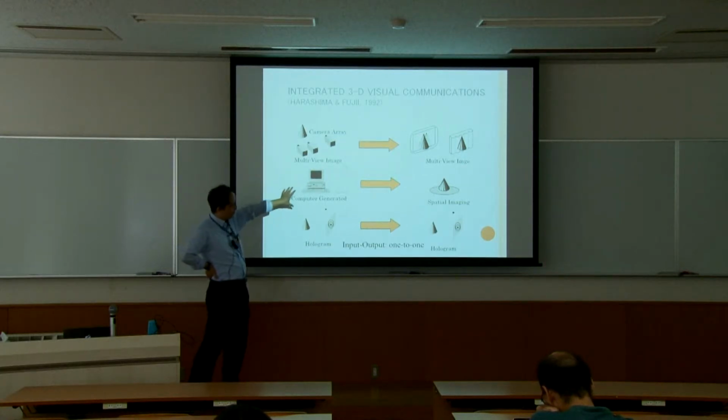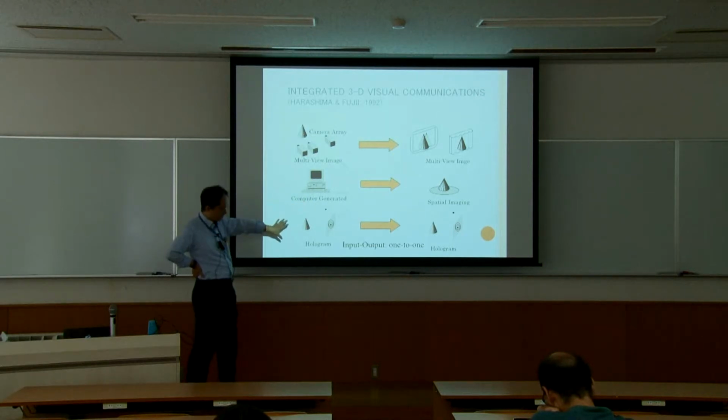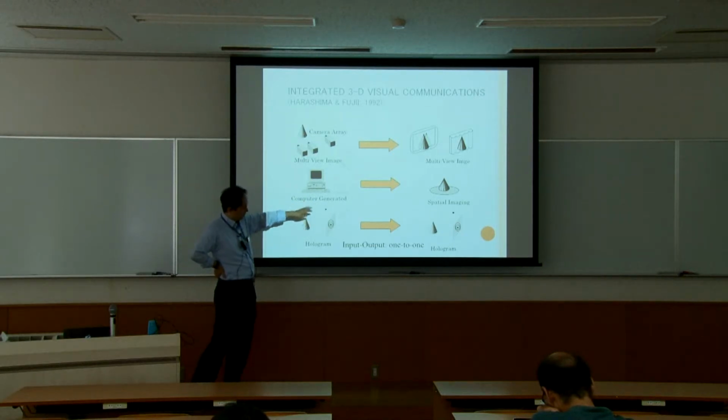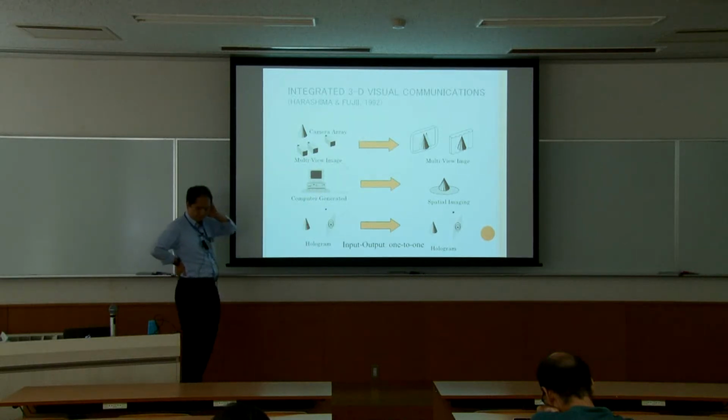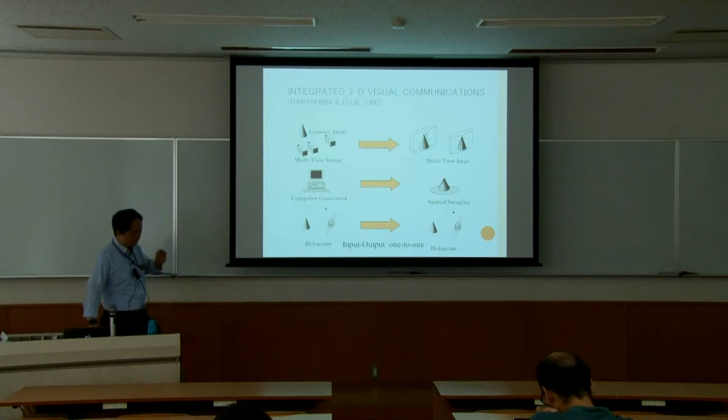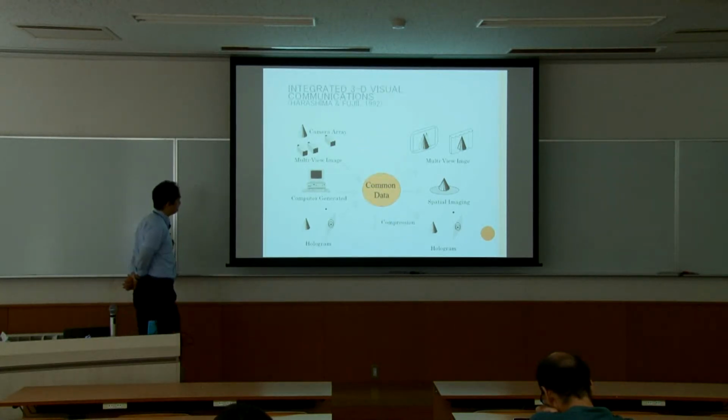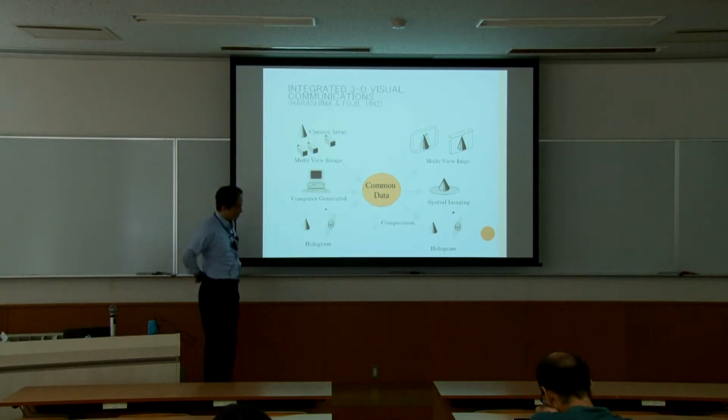The computer-generated image is displayed by spatial imaging, and the holographic fringe pattern is transmitted and then reproduced by holographic technique. But this is not efficient. So we discussed that a new common data format can be defined, and then this total system can be constructed.